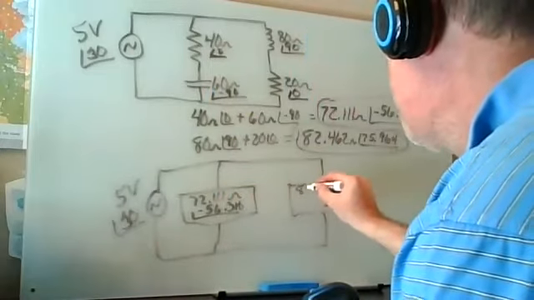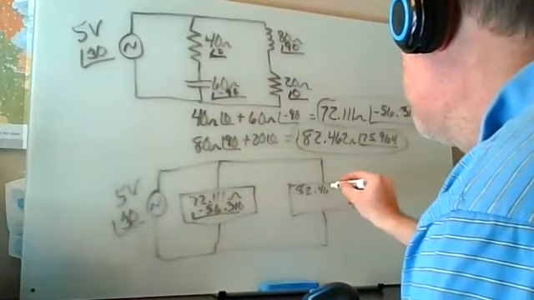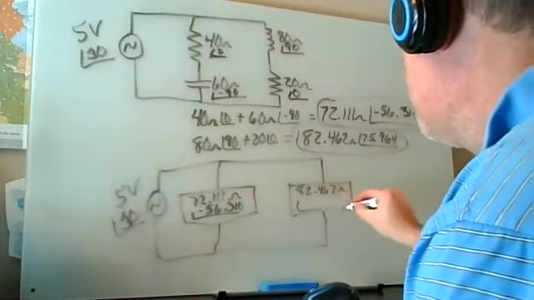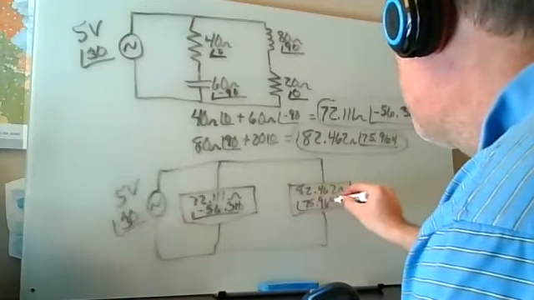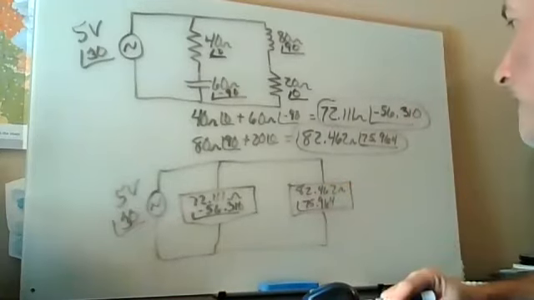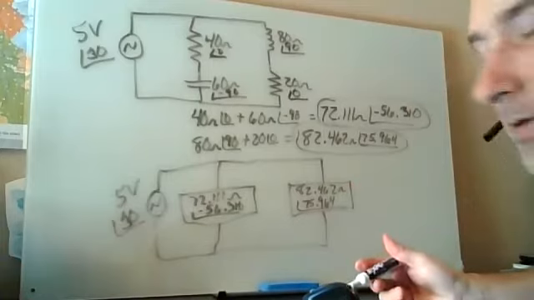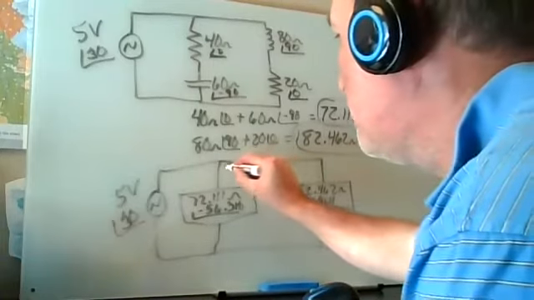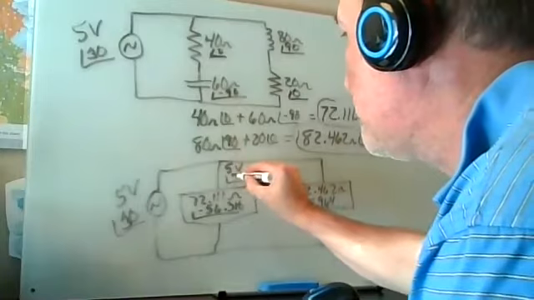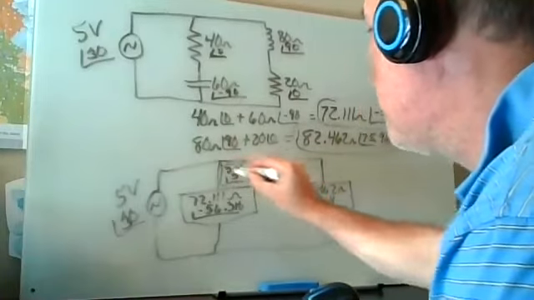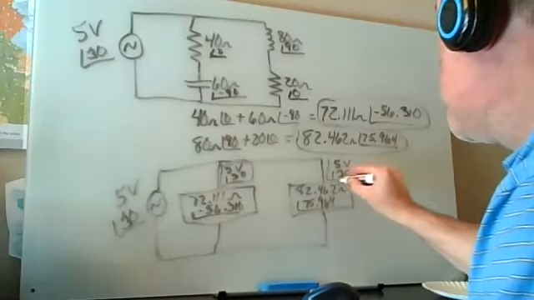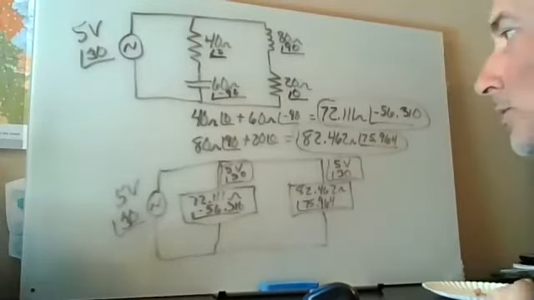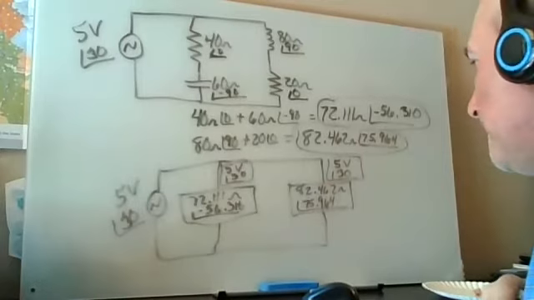And this one was 82.462 ohms at an angle of 75.964. Okay. Well, I know it's a parallel circuit, right? So I already know 5 volts at an angle of 30 is my voltage drop here, and 5 volts at an angle of 30 is my voltage drop here, because the voltage is constant in a parallel circuit.